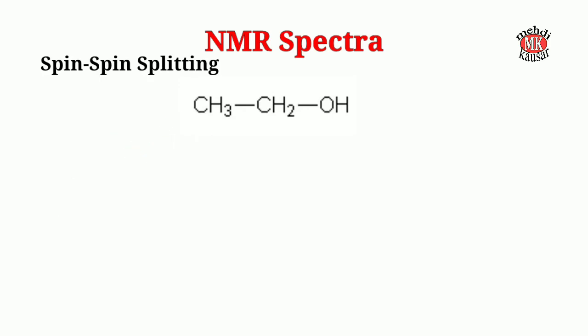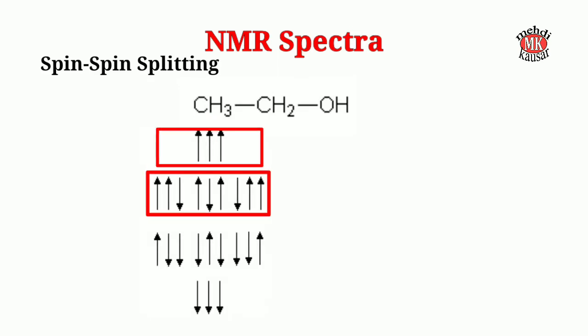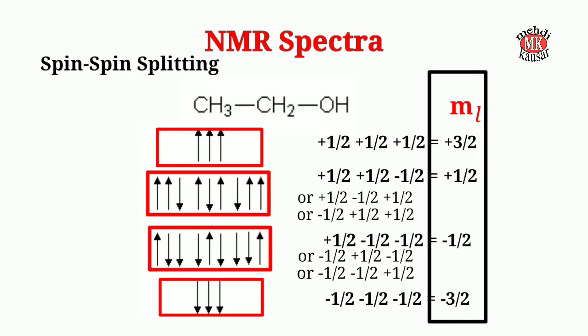1:2:1. Again, with respect to the proton of the CH2 group, the 3 protons of the CH3 group, each with spin half, can couple in 4 different ways having ml values +3/2, +1/2, −1/2 and −3/2.